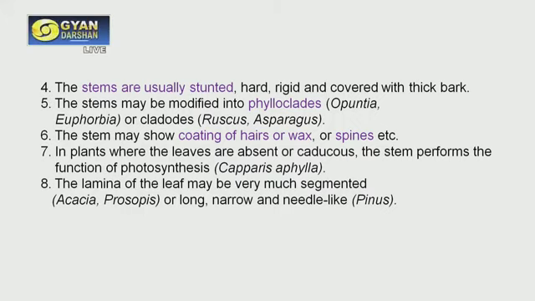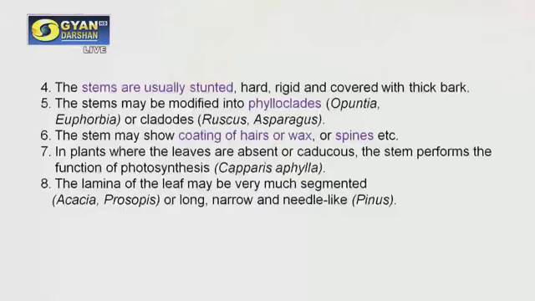In plants where the leaves are absent, the stem performs the function of photosynthesis, because the surface area of the leaf is reduced. So how is this compensated? Either the number of leaves will increase, or the stem should take the function of the leaf.